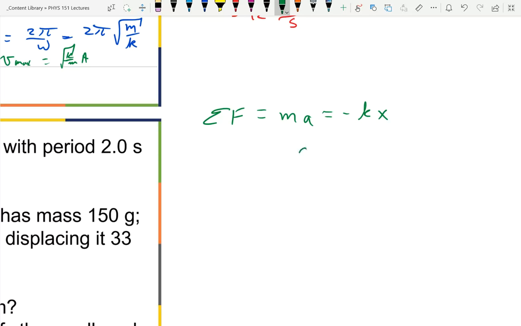And so that means your acceleration is minus k over m times x. That's really simple. So what's my maximum acceleration? It just depends on what my maximum x is. X is the displacement, how far it's moved from equilibrium. What do we call the maximum displacement? Amplitude.